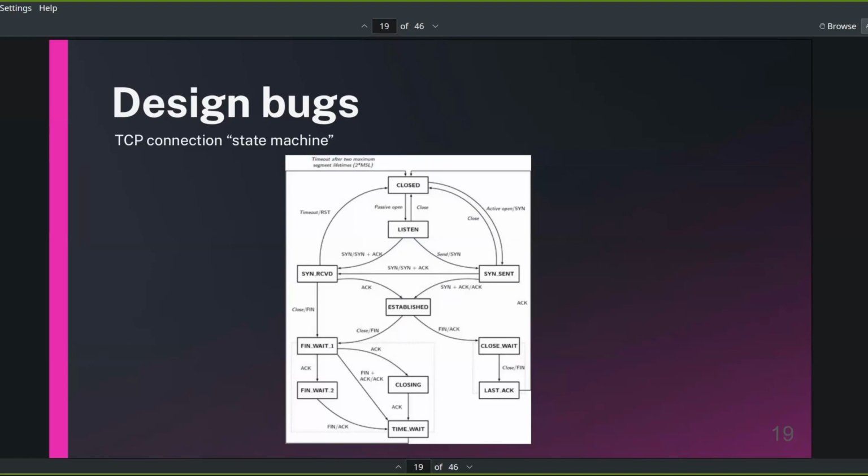So it's very easy when you code this to forget to put a transition between sent and closed, for example, or listen to close. And when you forget this transition, your program ends up in a state where you don't know what's happening, and you might have a buffer overflow, you might hijack the session of someone else, you don't know.